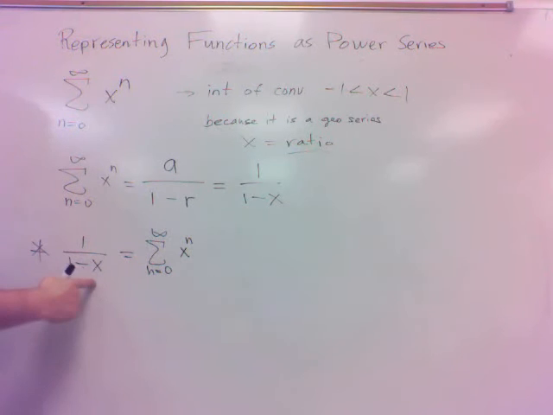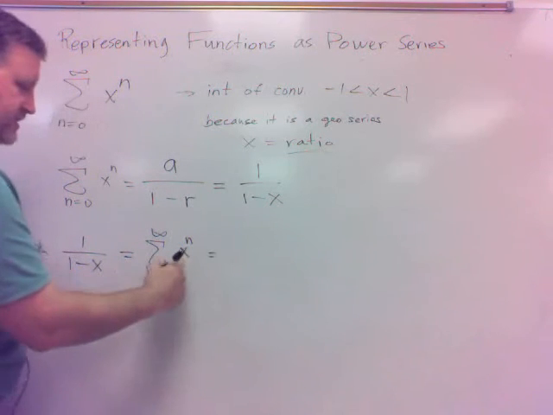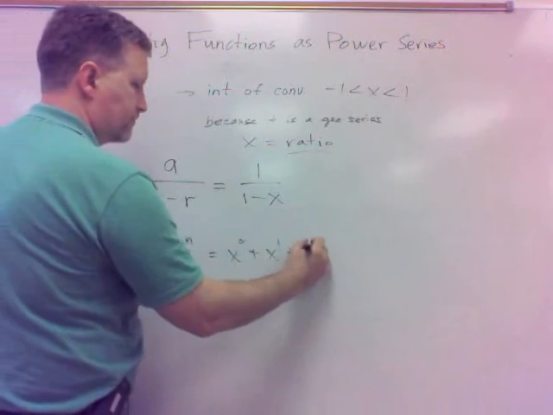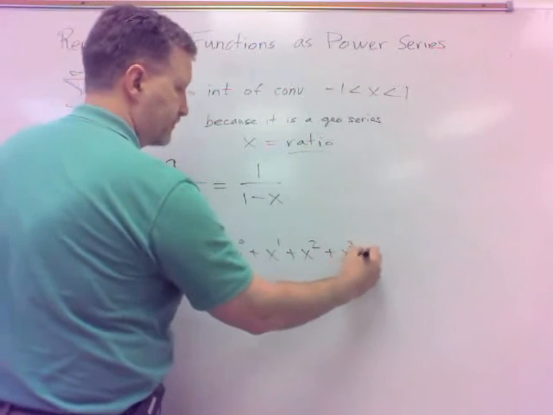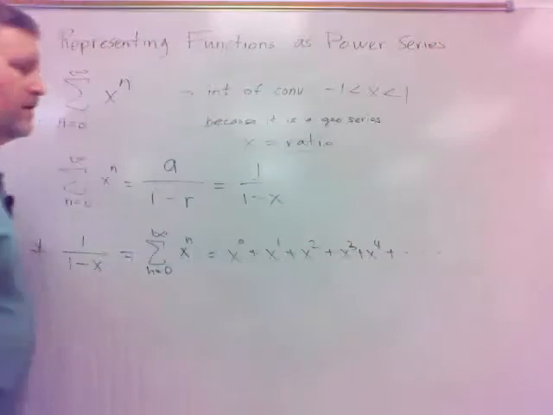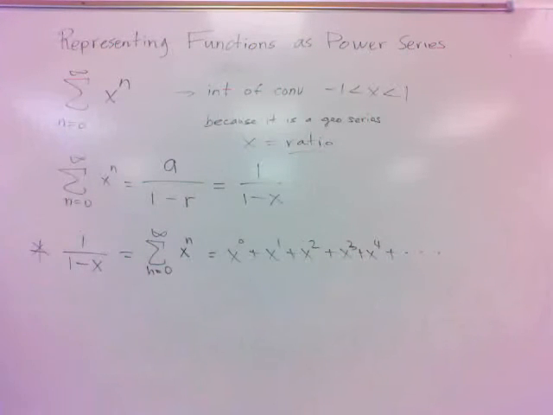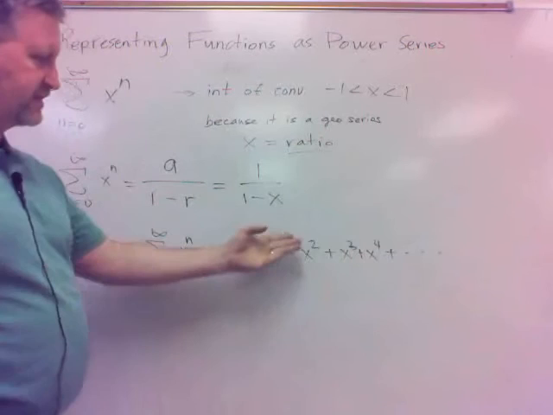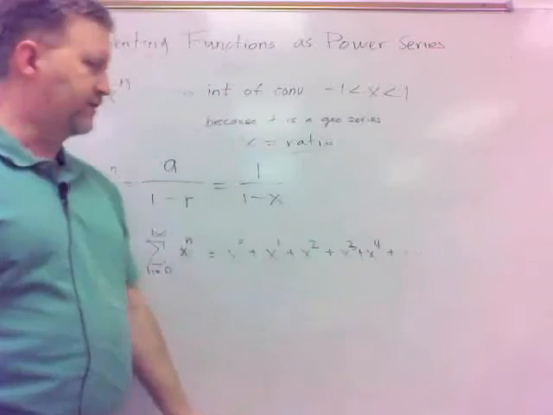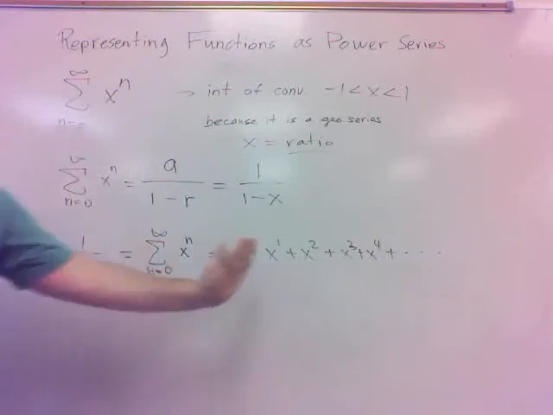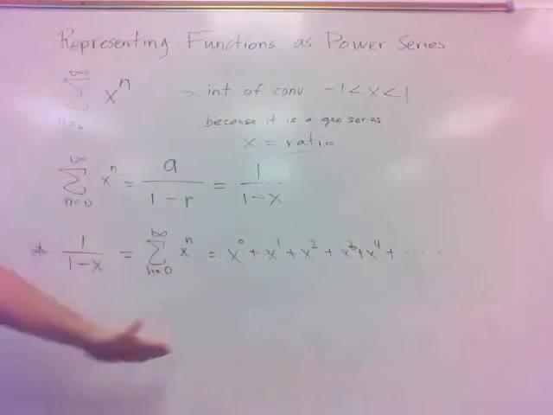What this is saying is whatever your x is here, on out to infinity. If you have a function that looks like this, 1 plus x squared plus x cubed plus x to the 4th, whatever x is, to add up all those terms, all you have to do is 1 over 1 minus x.